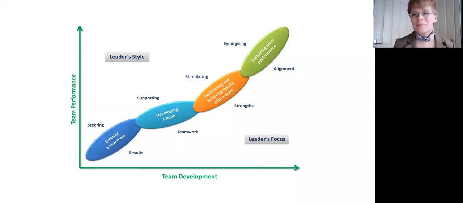Again, that word alignment, which means in line with, which does not mean 100% agreement. It means we have a shared vision. We know how to work together to get there. That's the synergizing. So that's ultimately the best working team. But we have to grow it from point one to point whatever that ultimate is.